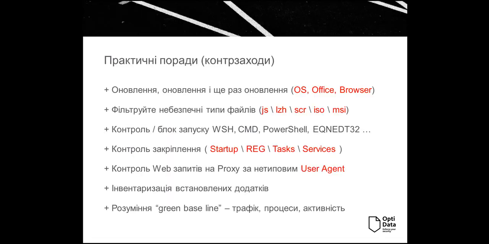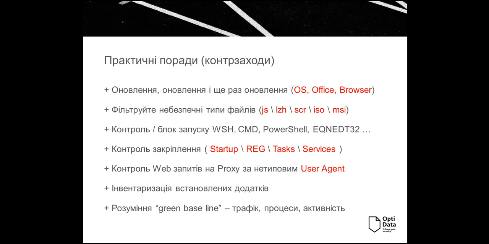And a couple of things about countermeasures, yeah? Maybe this will sound stupid, but you need to try to keep your systems as updated as possible: operating system, Office package, and browser. Because there are three main entry points for malware. First one is phishing by email.